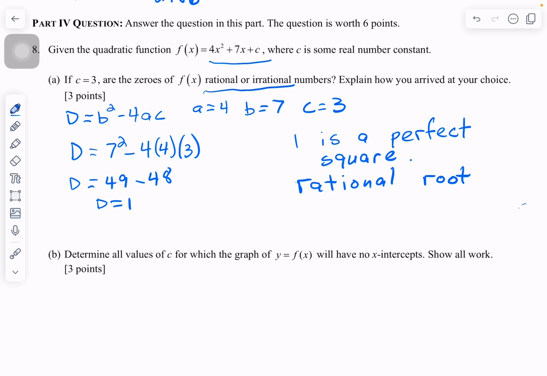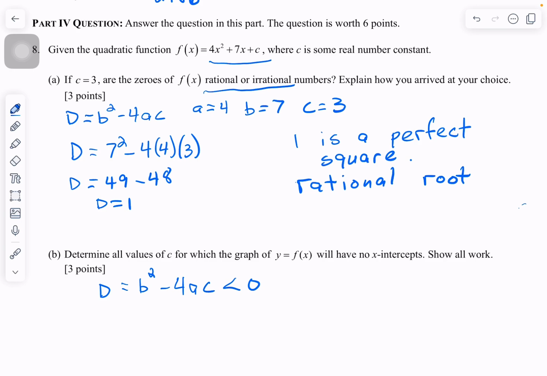And then it says, determine all the values of c for which the graph of y equals f of x will have no x-intercept. So that means that the discriminant, which is b squared minus 4ac, has to be less than 0, right? If it's a negative number, it's imaginary, and then it doesn't cross the x-axis.